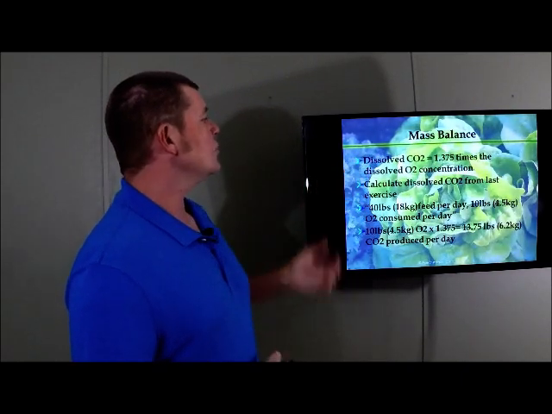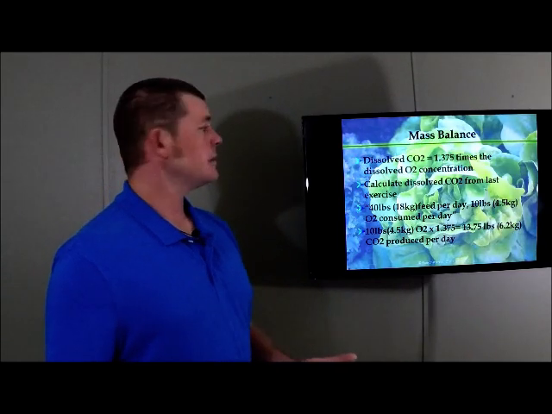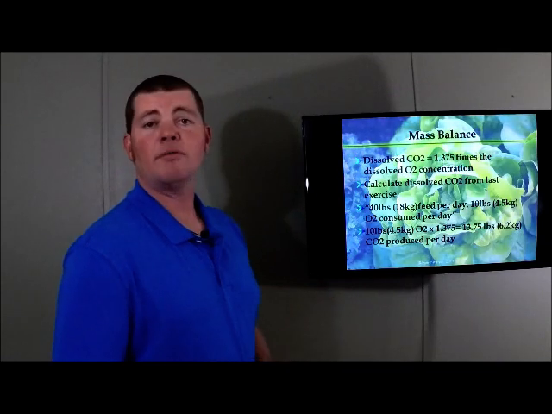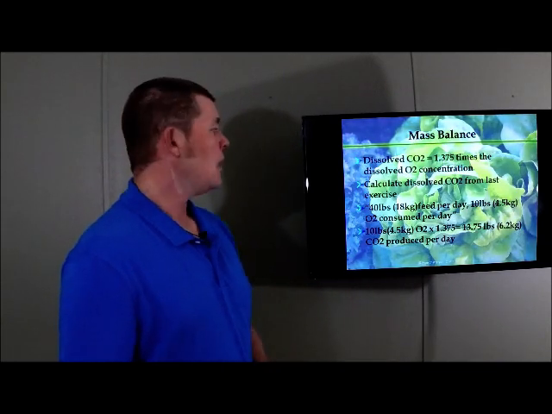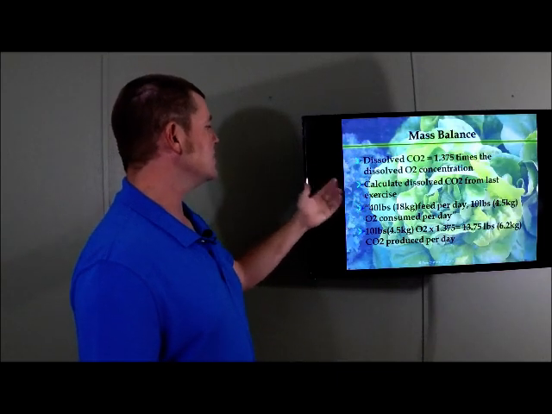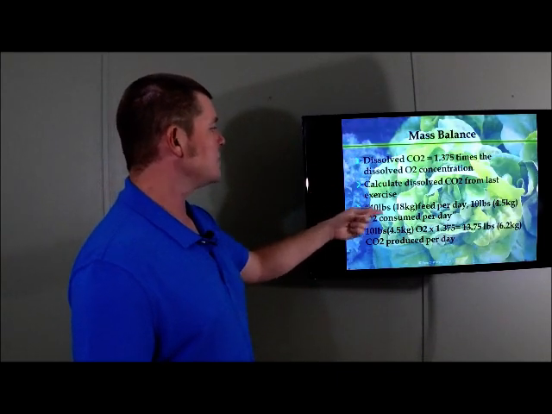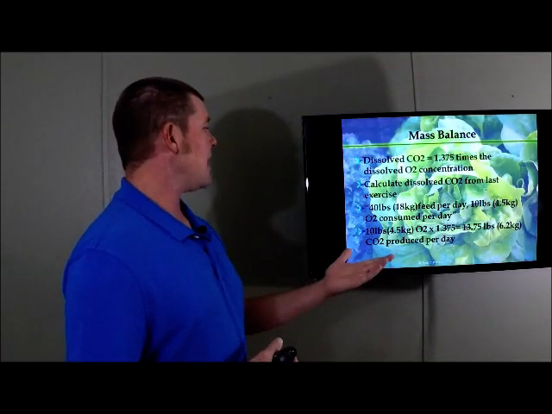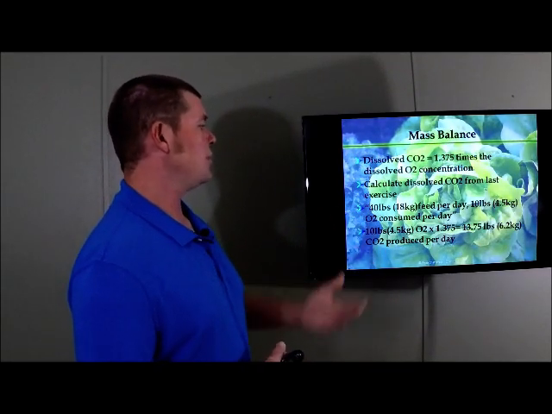Dissolved CO2 is fairly easy to calculate because that is 1.375 times the dissolved oxygen concentration. So we calculate dissolved CO2 from the last exercise. We can see that we have 40 pounds or 18 kilograms of feed per day. We have 10 pounds of oxygen consumed per day.